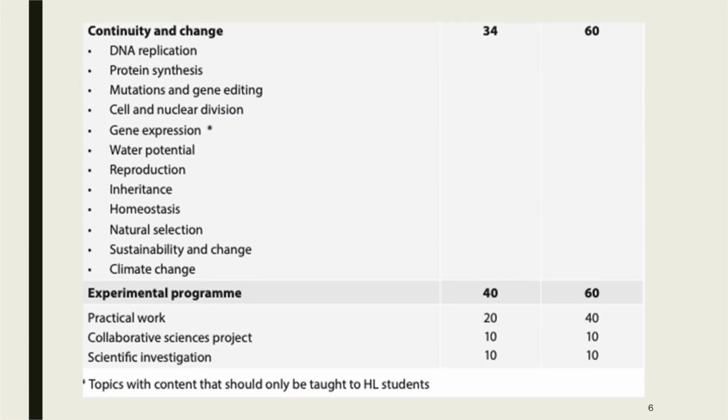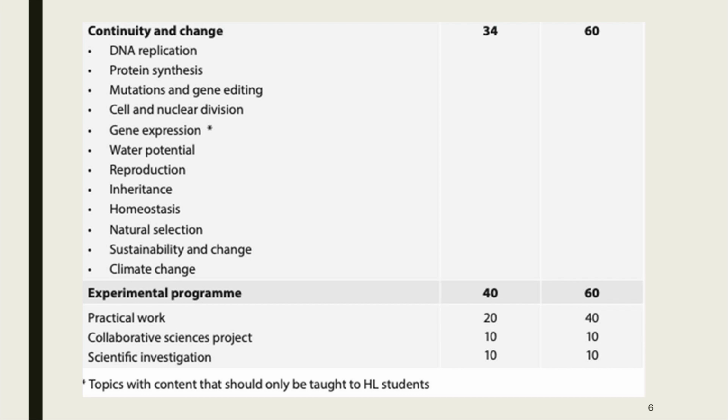And last, theme D covers DNA replication, protein synthesis, mutation and genetic editing, cell and nuclear division, gene expression, water potential, reproduction, inheritance, homeostasis, natural selection, sustainability and change, and climate change, which is 34 hours for SL learners and 60 hours for the HL learners class. When it comes to the experimental program, there's only a 20 hours difference between SL and HL learners.